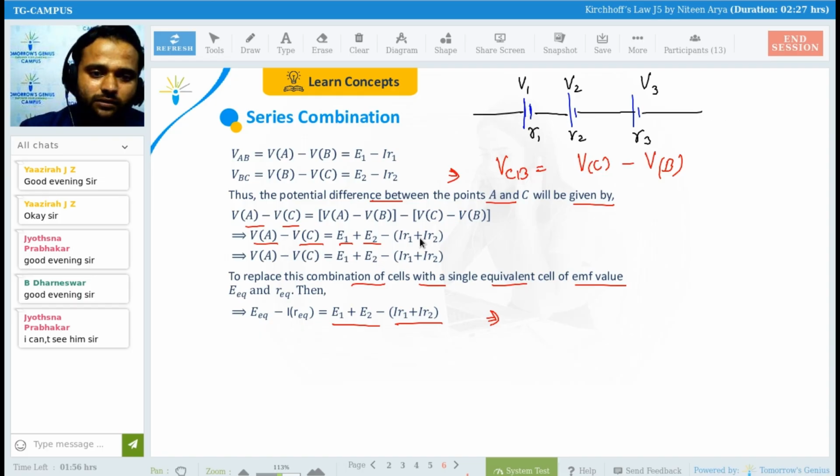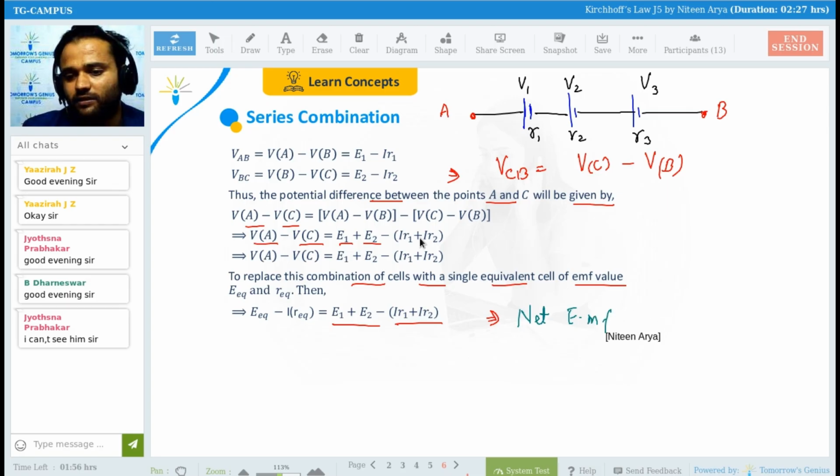Then there is a question like: find the net voltage or resistance between points A and B. As you know, in series connection, voltage is divided. So the net EMF, which is the voltage at 0 current, E net equivalent, is V1 plus V2 plus V3.